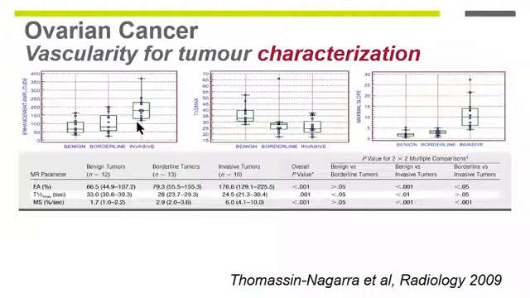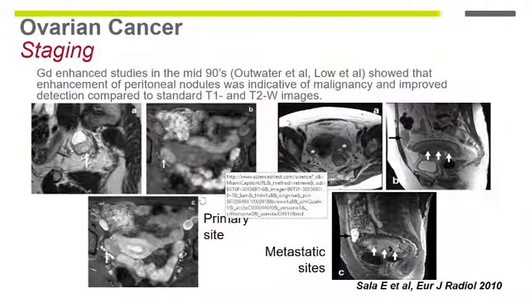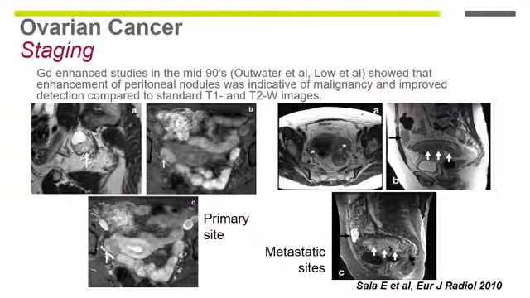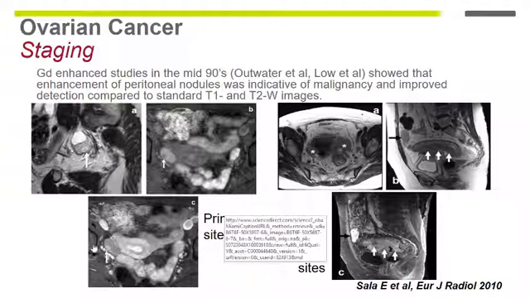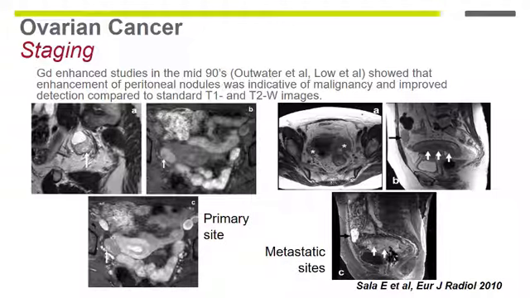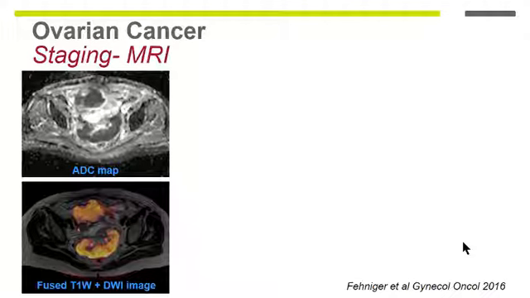All those are characteristic of malignancy compared to benign disease and can be used to differentiate the two. And here are some nice examples, some from Avis's work, looking at this contrast enhancement for the detection of the tumor and also for looking at the extent within the mesentery.